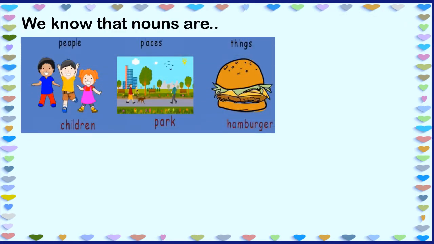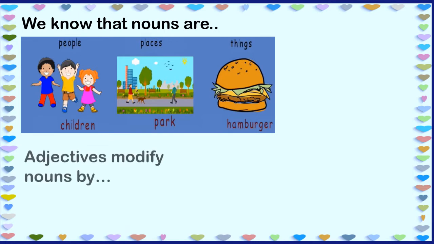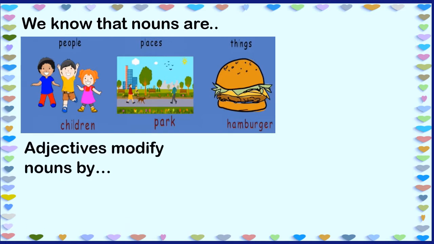We know that nouns are the naming words for people, places, and things. So there you see children, park, and a hamburger. Adjectives modify nouns. So what does that mean? Modify means it changes the noun.